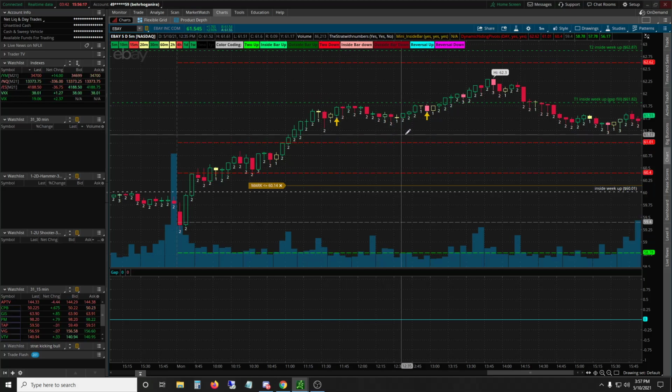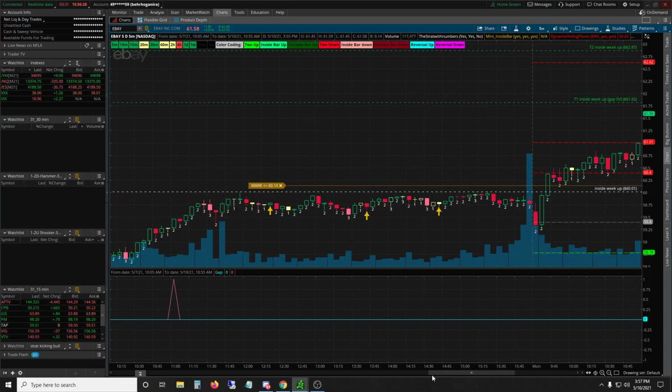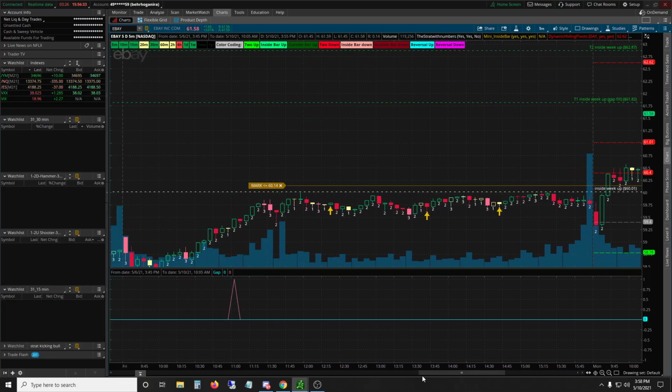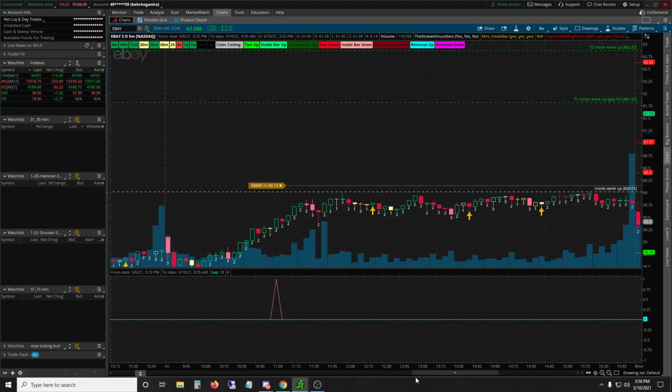Might not see one here, but either way, it's just the opposite. Well, let me see. There's got to be one somewhere. Here's one here. A 1 followed by a 2 shooting star. A break below that shooting star. That's what this scan here looks for on the 30-minute.